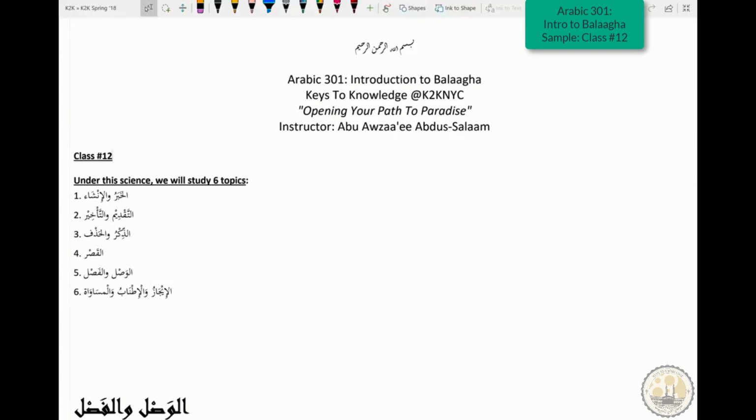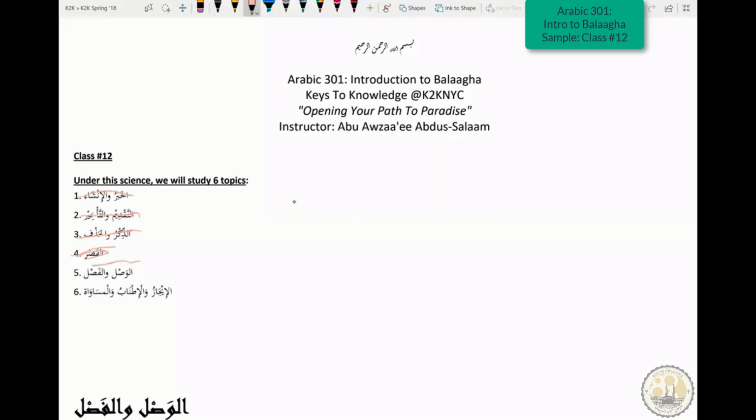Alhamdulillahi rabbil alameen, so far we have studied the signs of ilm al-ma'ani, and we've covered al-khabar wal-insha, as well as al-taqdeem wal-ta'khir, al-dhikr wal-hadf, and al-qasr.